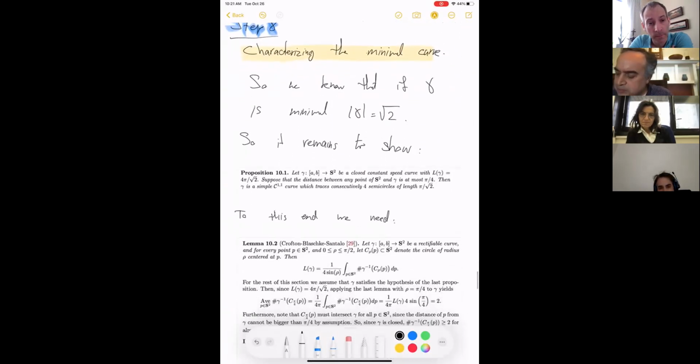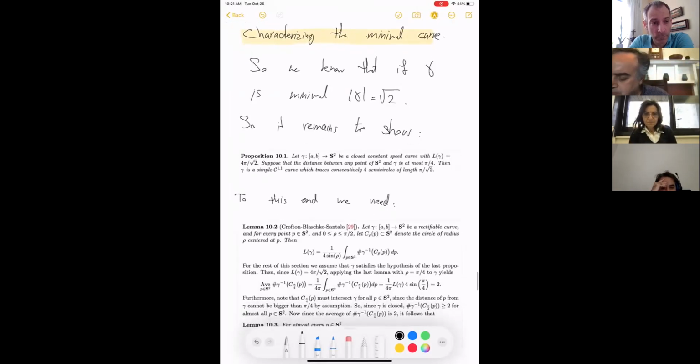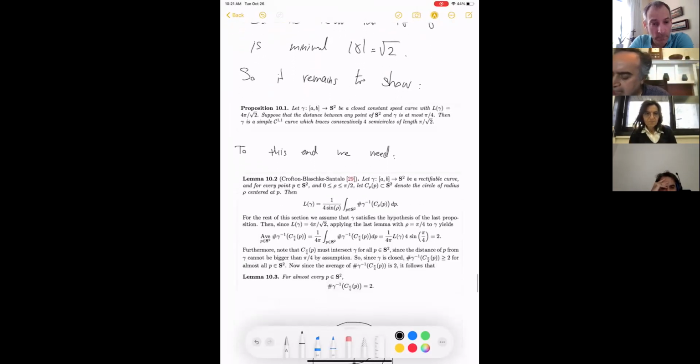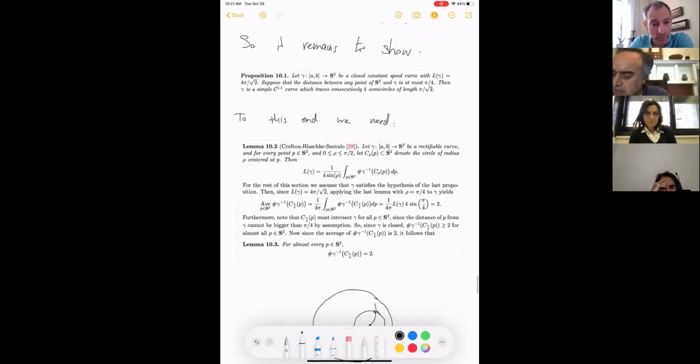So now we want to show that this curve that lies on this sphere of constant radius radical 2 is composed of 4 semicircles, right? That was the conjecture. And for that, it turns out, it follows from a generalization of the Crofton formula.